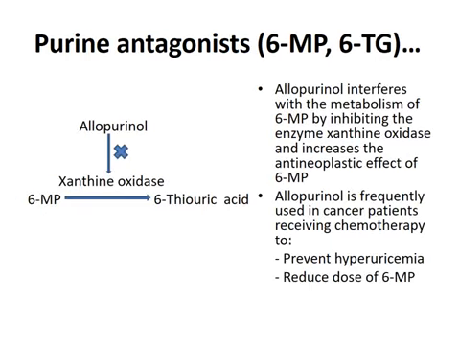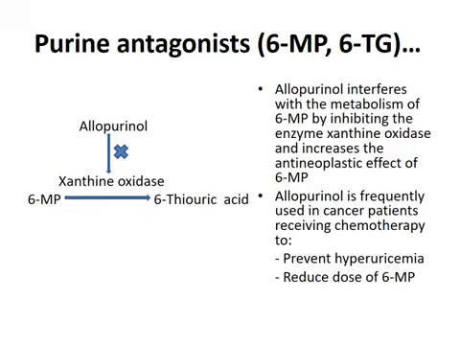Purine antagonists, 6-mercaptopurine and 6-thioguanine. Normally, if we have a good amount of 6-mercaptopurine, then it is helpful for its anti-cancer effect. What happens is 6-mercaptopurine gets converted to 6-thiouric acid. But there is a drug called allopurinol which inhibits the enzyme xanthine oxidase. This xanthine oxidase helps in the conversion of 6-mercaptopurine to 6-thiouric acid.